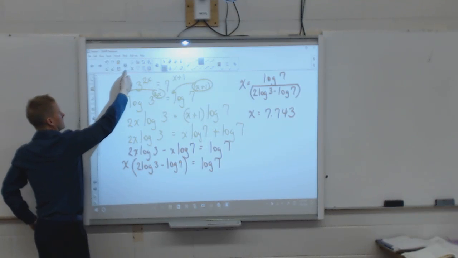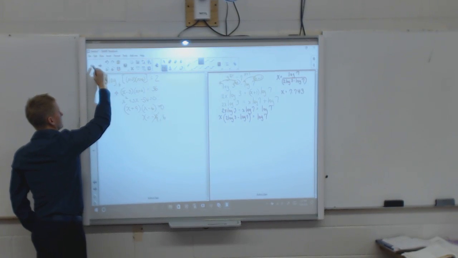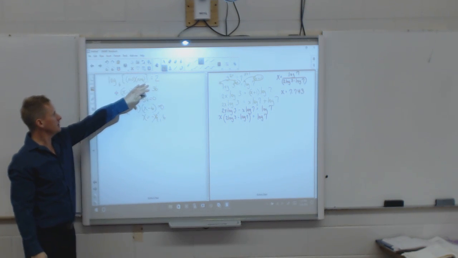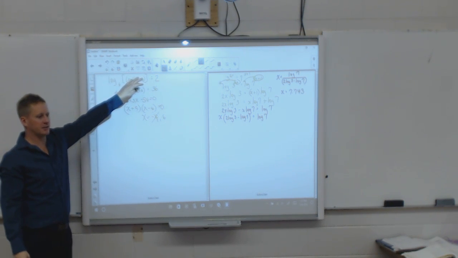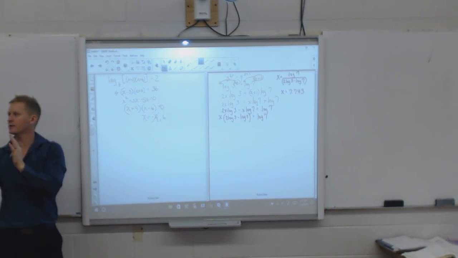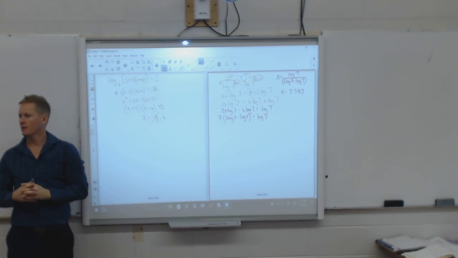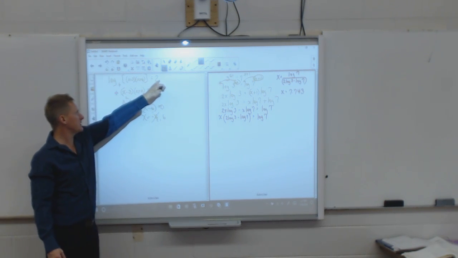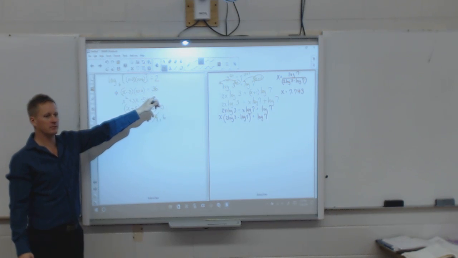And let's actually compare it to the last question, because this question here started with 2 logs. And then we simplified it so that we had 1 single logarithm. And then once we had 1 single logarithm, we changed that into an exponential function and got rid of it.